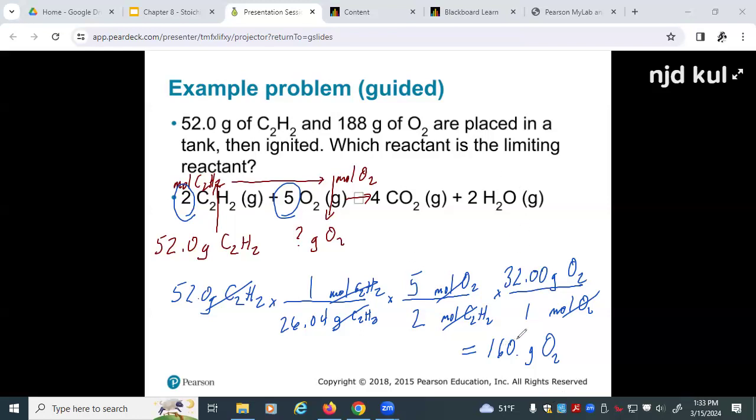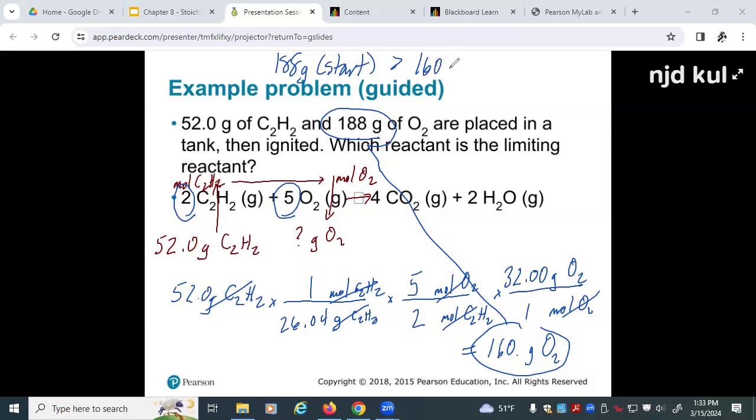So we compare the 188 grams that we started with is more than the 160 that we needed.